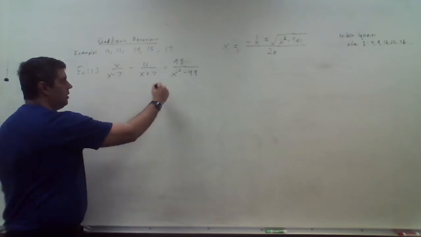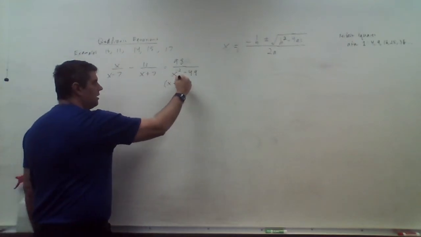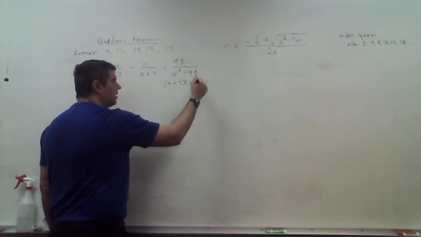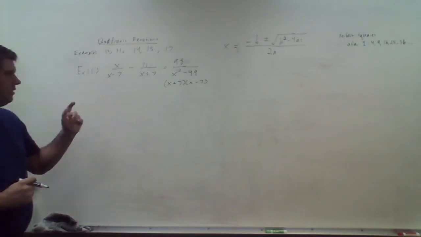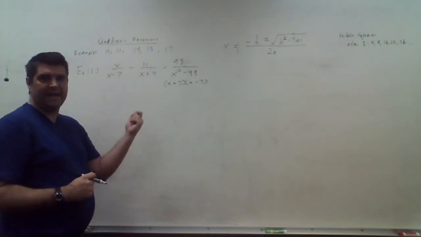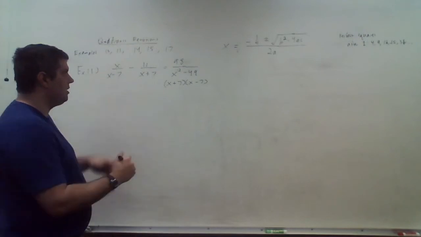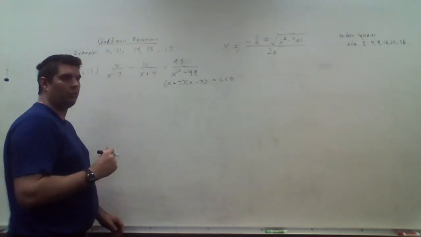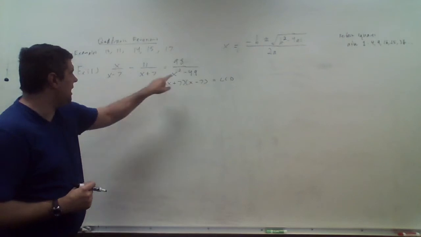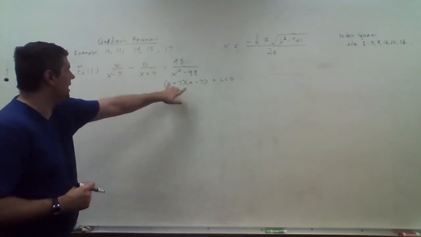The first thing you're going to want to do is factor any denominator that is factorable. Now, you also want to find the LCD to clear the fractions. This is the LCD, least common denominator. Reason being, it includes the other two denominators as factors.